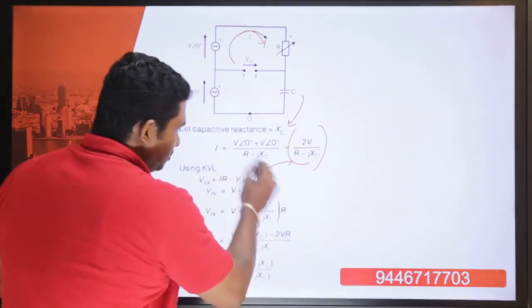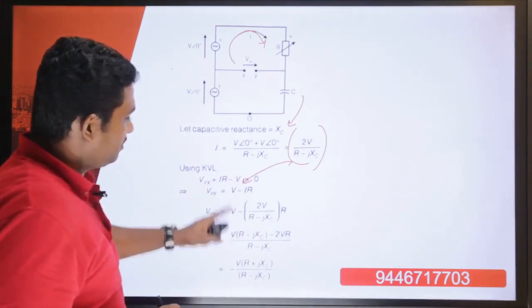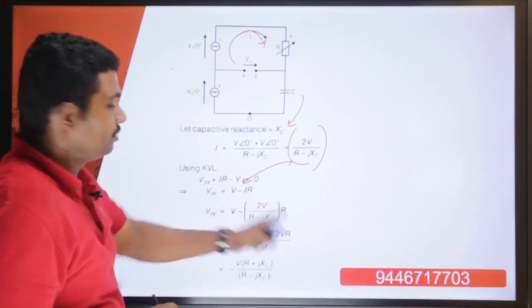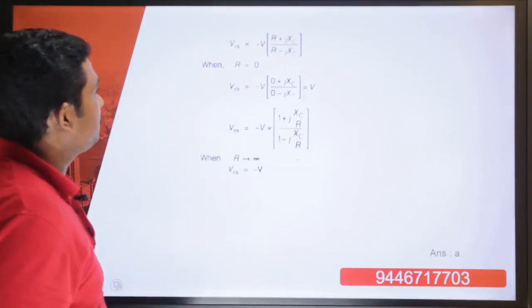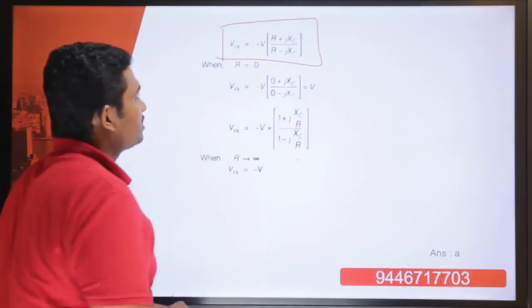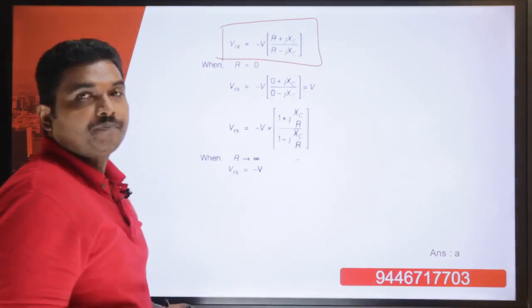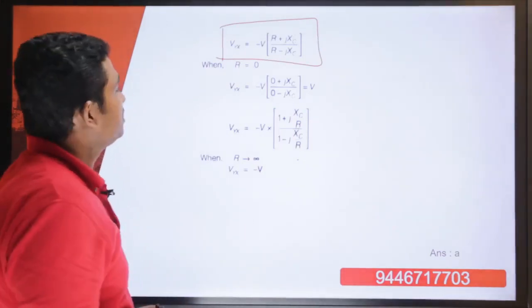So we can substitute this I into this equation. So it becomes Vyx is equal to V minus I into R. And then you will have to reduce the equation such that we get a final expression for Vyx equals minus V into R plus jXc divided by R minus jXc.